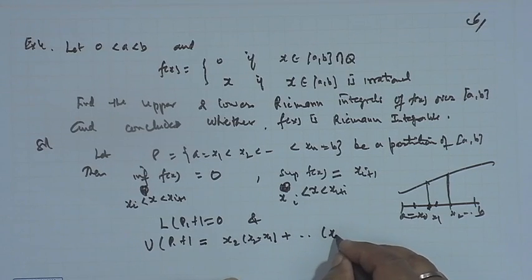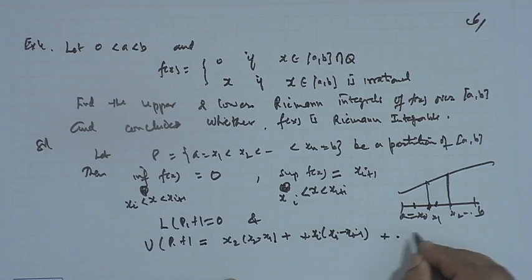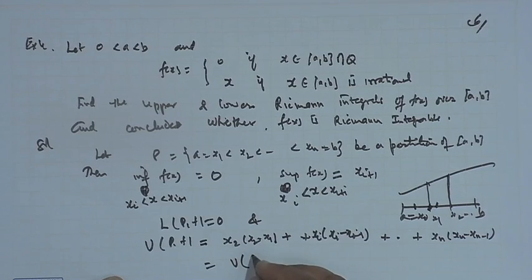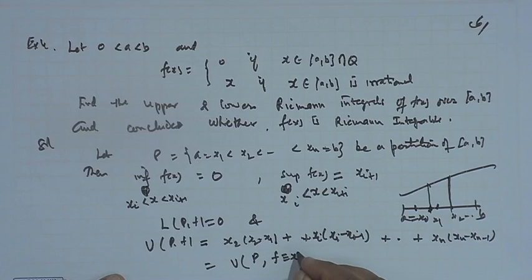So, we get (x_i minus x_{i-1}) into x_i, and the last is x_n minus x_{n-1}. So, this is nothing but the upper sum of P, and the function f is identically x.